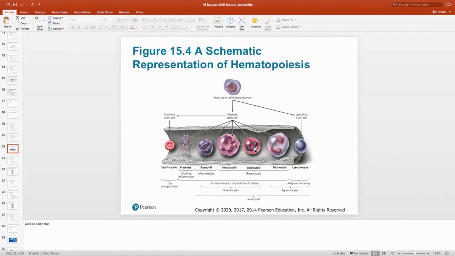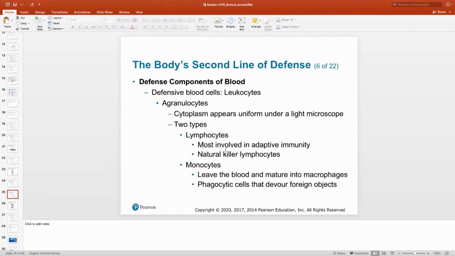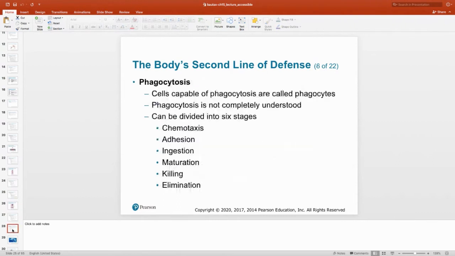An increase in the leukocytes, basically neutrophils, is going to indicate a bacterial disease. And if we have an increase in the lymphocytes, that's going to indicate that there's probably a viral infection. So just by looking at this differential blood count, we are going to be able to get some idea about what's wrong.